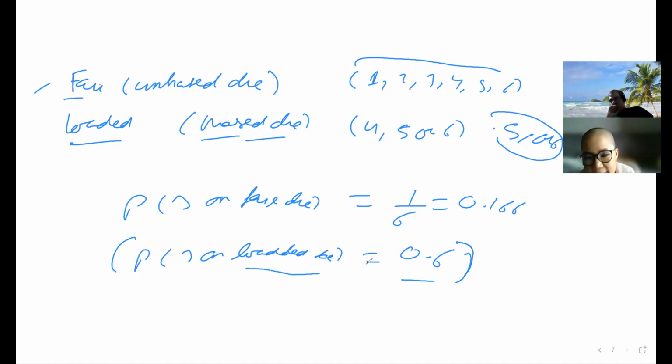It's just given by the example. Yeah, right. So you can choose either of the dice, fair or loaded, and the probability of getting 3 on a fair die is 0.166, and the probability of getting 3 on a loaded die is 0.6.